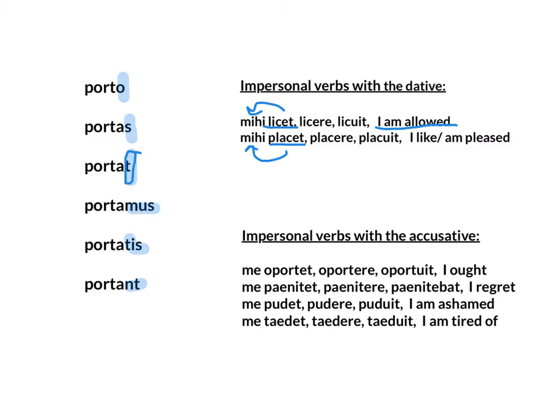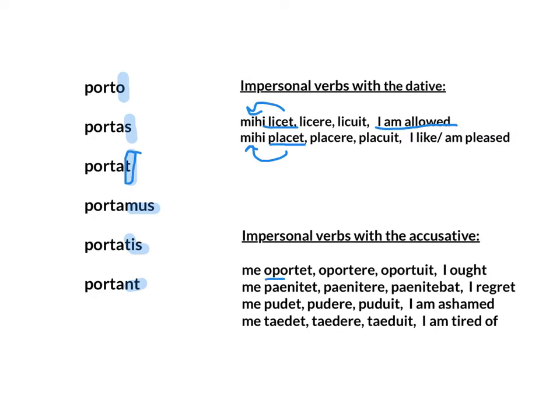Now they do have an infinitive form, so it's licere for licet or placere for placet, and in the perfect it's licuit or placuit. So these are the principal parts of licet and placet. Now these two belong together because these two are impersonal verbs which take the dative. Let's now look at some which take the accusative.